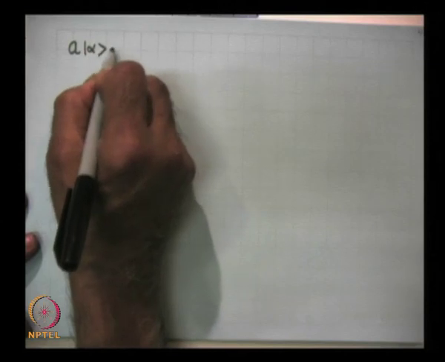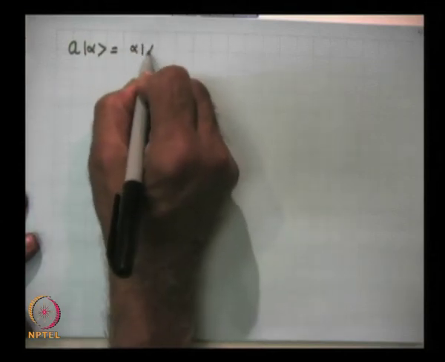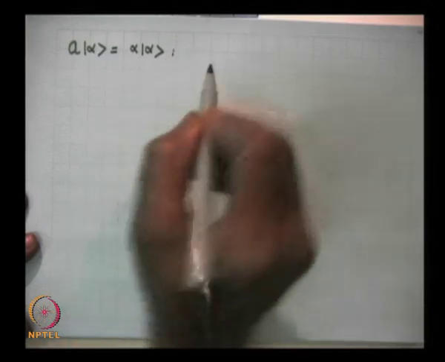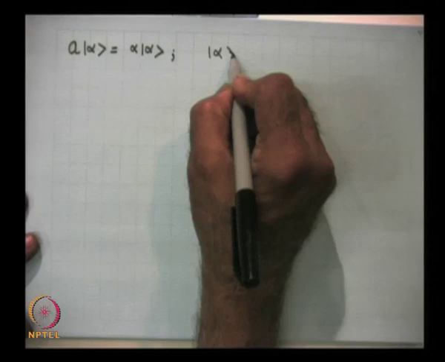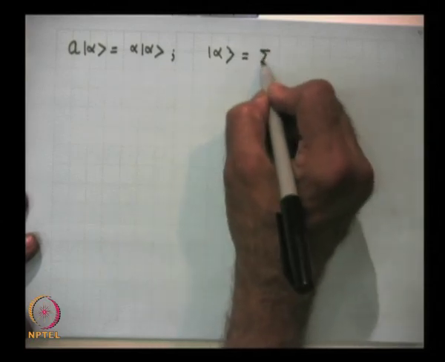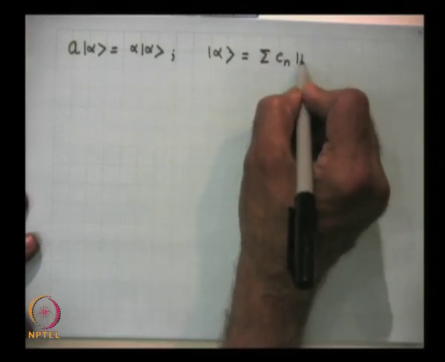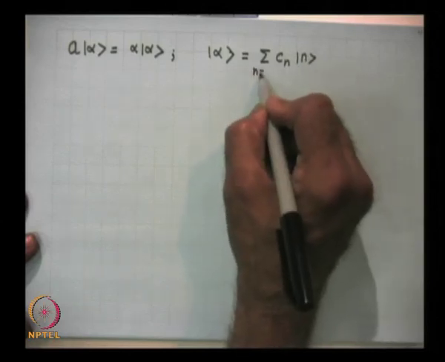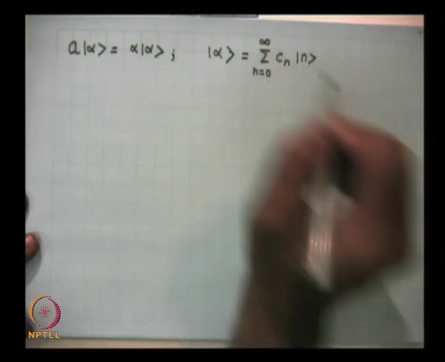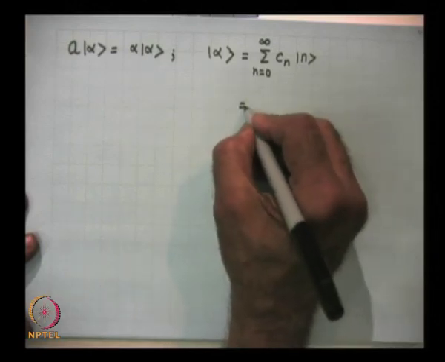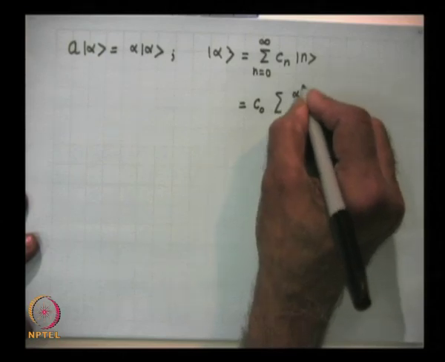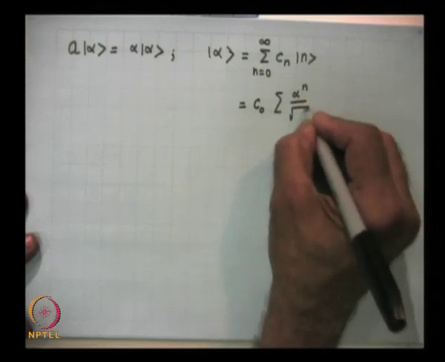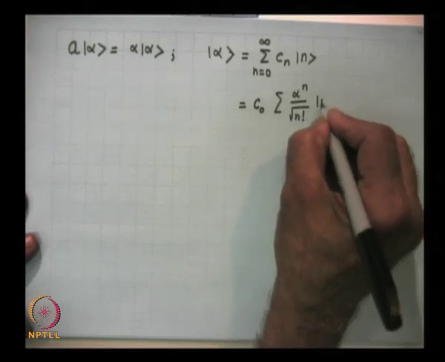Our objective was to solve A ket alpha equal to alpha ket alpha, and we assumed ket alpha to be expanded in terms of the orthonormal eigenkets of the operator H, n equal to 0 to infinity. We found that ket alpha is C 0 summation alpha to the power of n by square root of n factorial ket n.